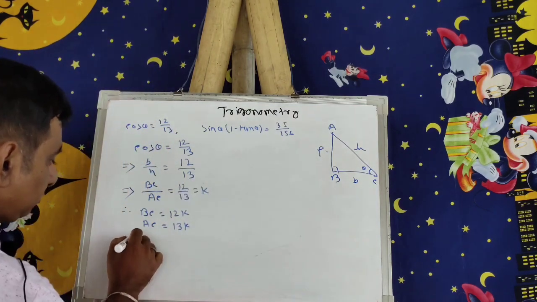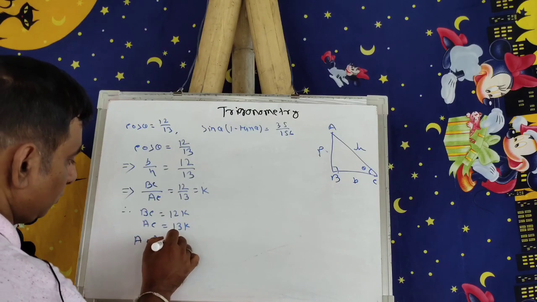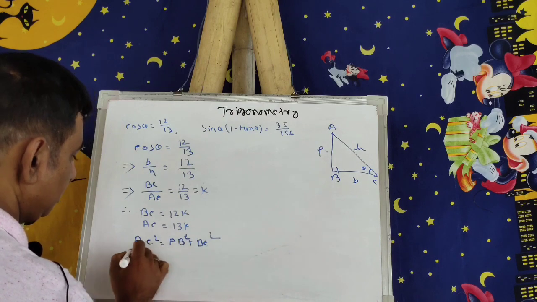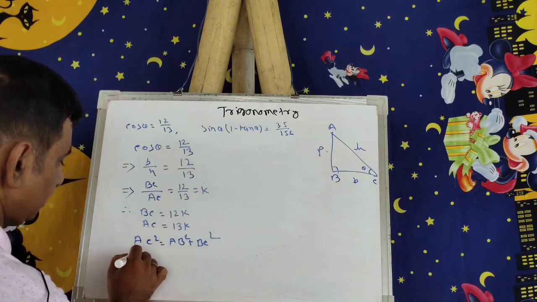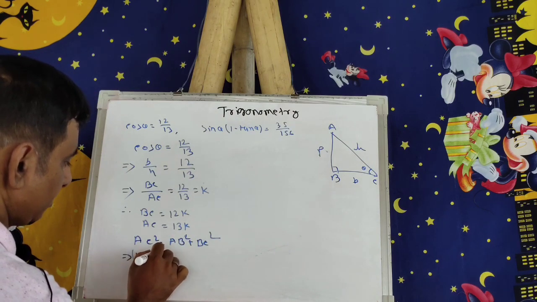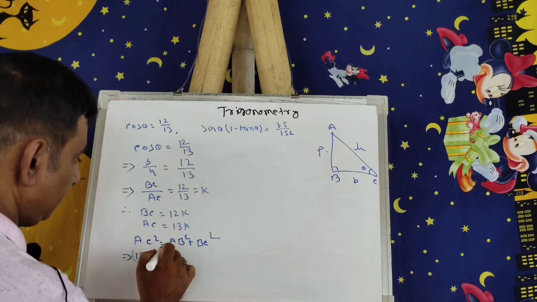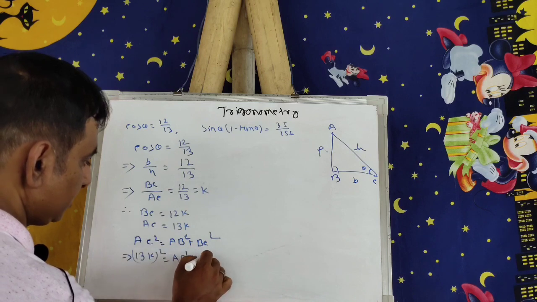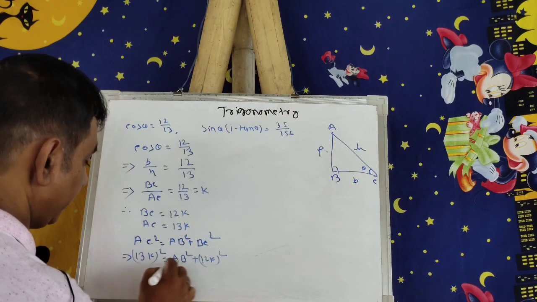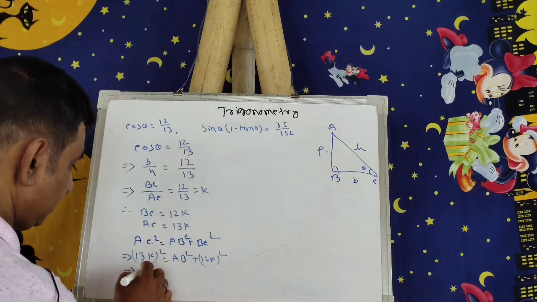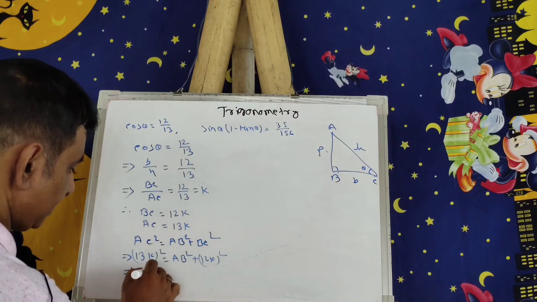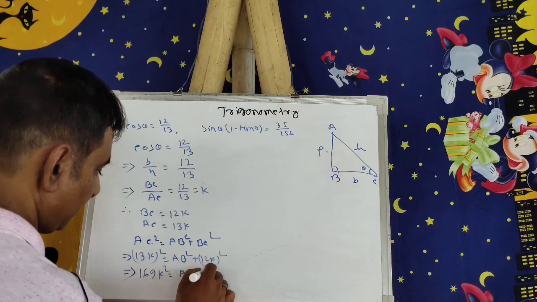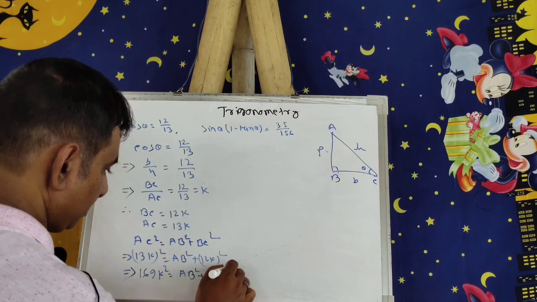So, I need to find out the value of AB by the Pythagoras theorem. So, AC square equal to AB square plus BC square. So, AC square means 13K whole square equal to AB square means I do not know, BC square means 12K whole square. This implies that 169K square equal to AB square plus 144K square.